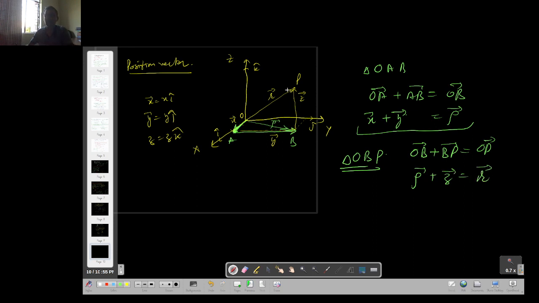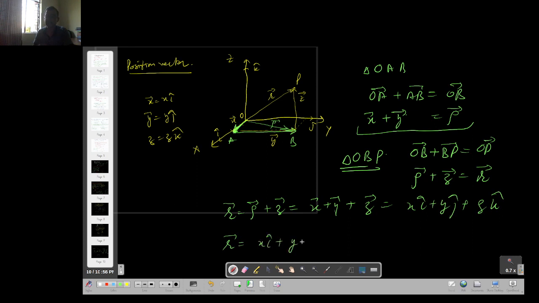It is the position vector, because R represents the position of particle P. So R vector equals rho vector plus z vector, and since rho vector is x vector plus y vector, the position vector is represented as x i cap plus y j cap plus z k cap.